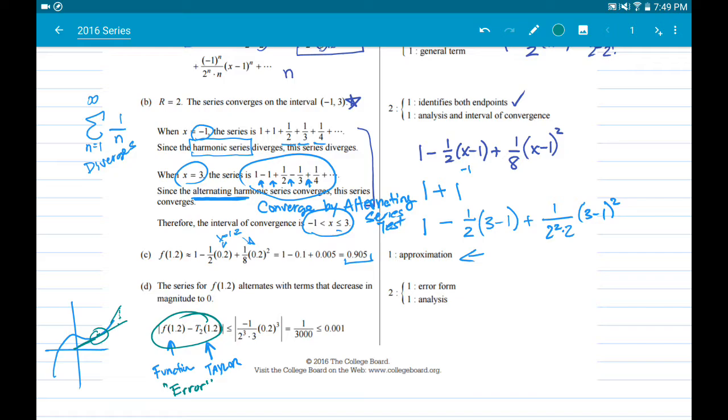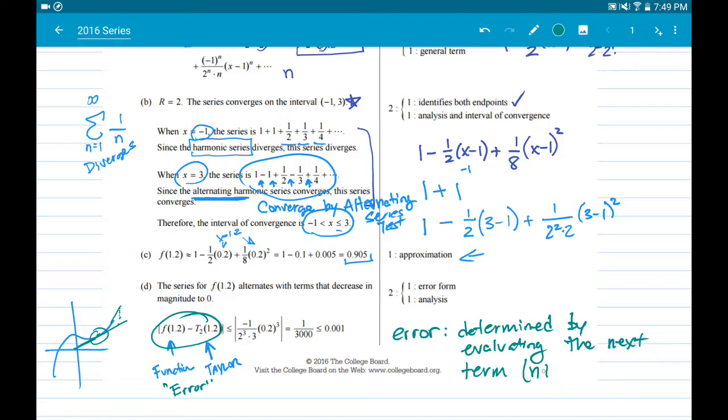And so the strategy here is the error can be determined by evaluating the next term, the n+1 term in the series.